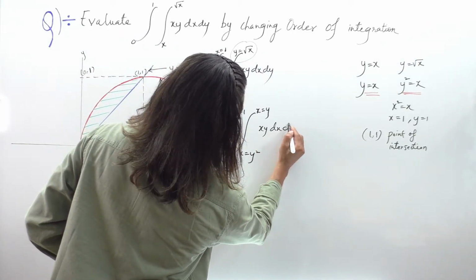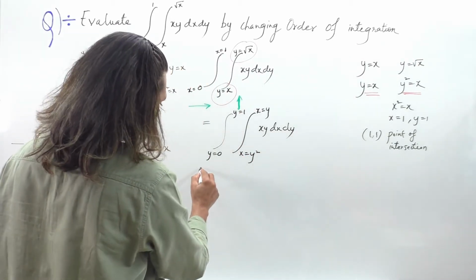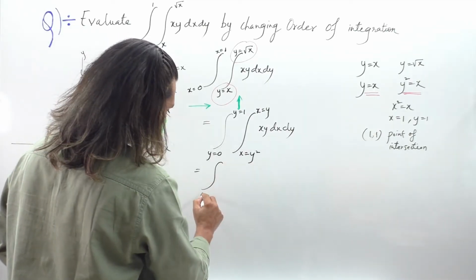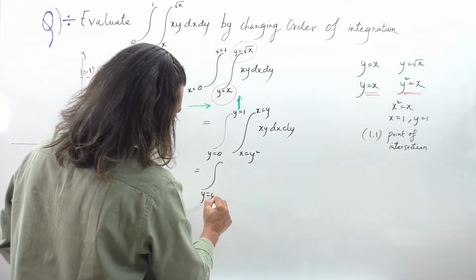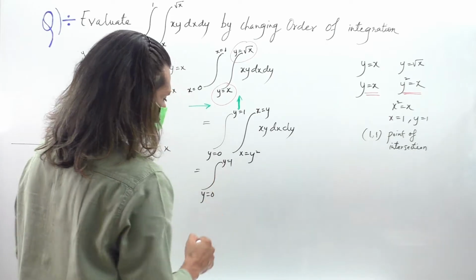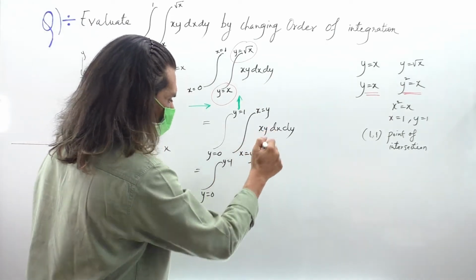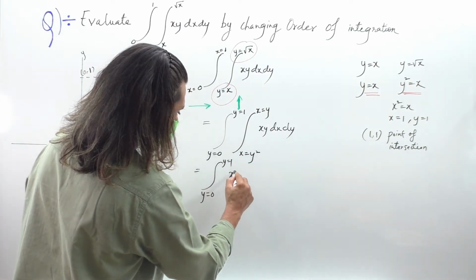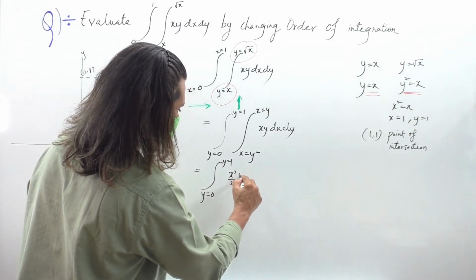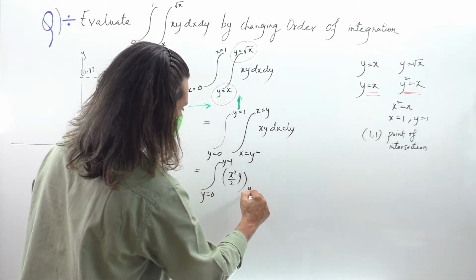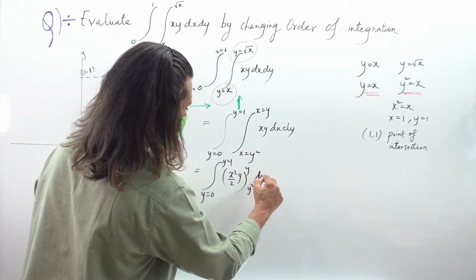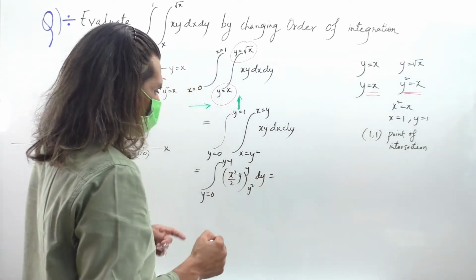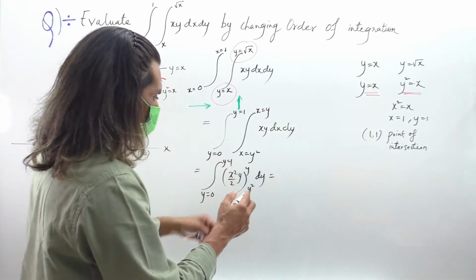x y dx dy. As I told you, this is very simple. As we are first integrating with y, y is equal to 0 to 1 will be kept as it is. We integrate first with respect to x because x is inside. So it will be x squared by 2 into y, with limits y squared to y, dy. In place of x put the top limit y.